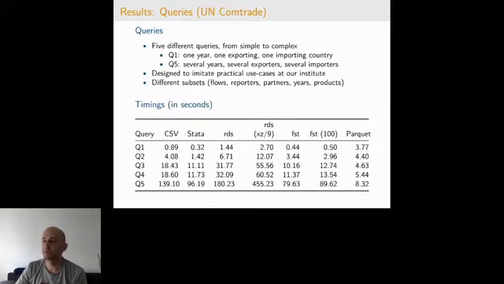Then we tested 5 different queries that went from simple to complex. Query 1 is very simple, where we just extract 1 year of one exporting country and one importing country, and then make the queries more complex up to query 5, where we access several years, several exporters, and several importers.